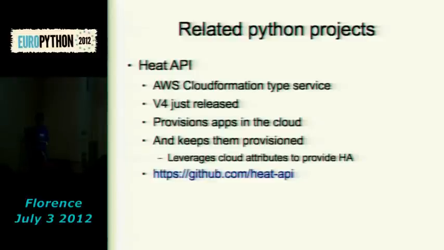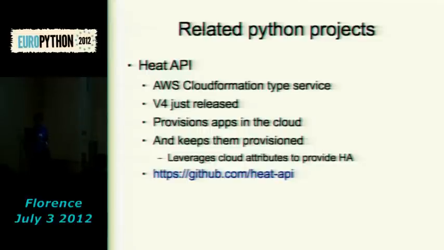It's essentially a set of configuration for provisioning your cloud, provisioning all the services within your VMs. And because it has control over provisioning services within VMs, with a little bit of extra logic with monitoring and stuff like that, it can provide high availability type functionality.